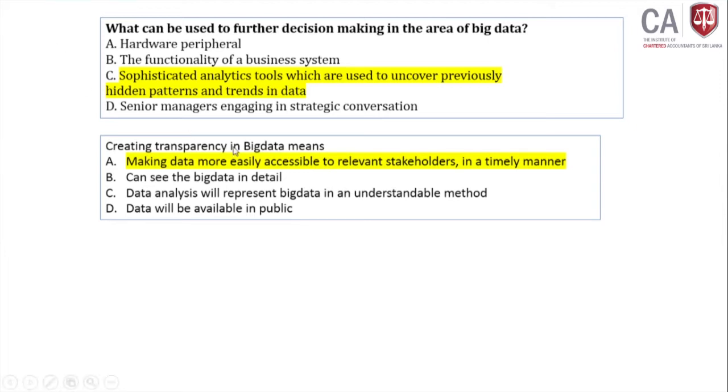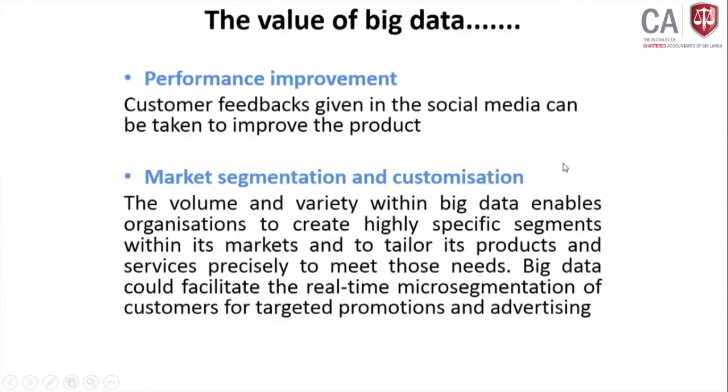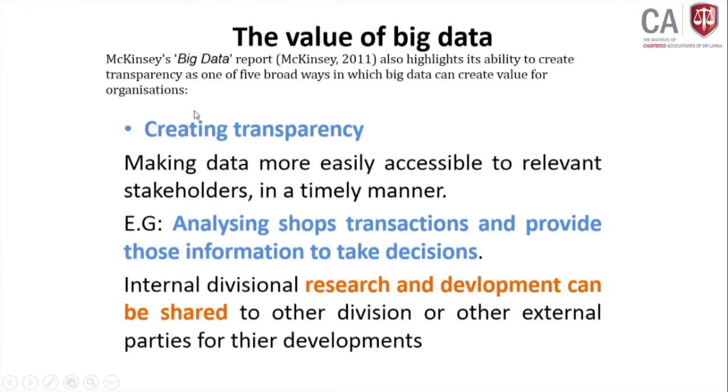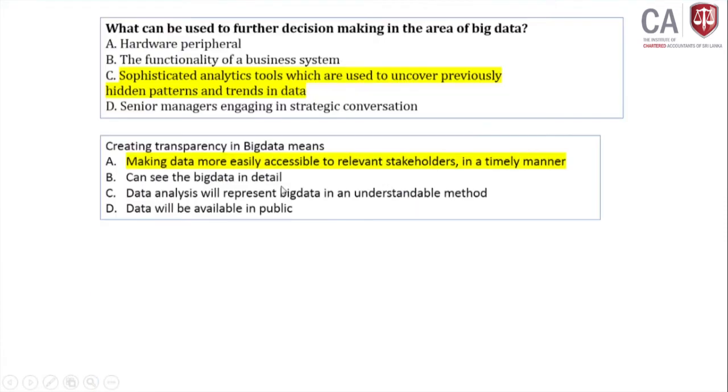Creating transparency in big data means making data more easily accessible to relevant stakeholders in a timely manner. Creating transparency, making data more easily accessible to relevant stakeholders, is the meaning of that. It is asked in this question.